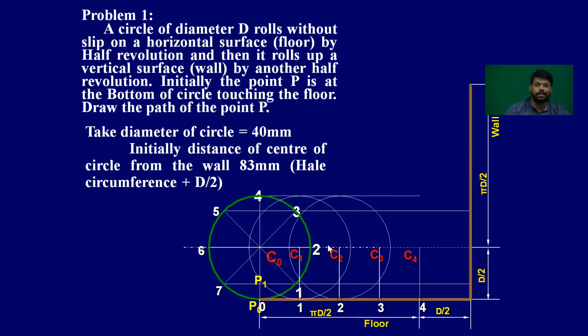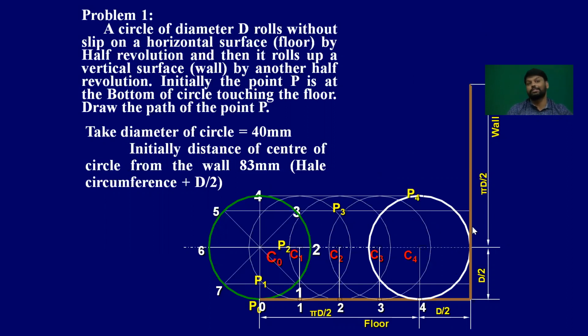That means this is the locus of the center line only. Then for C3 you cut the line and you will get the point P3, and for C4, because half revolution is completed, the bottom point will become the top point. When you draw the vertical line, this point itself is the point P4.